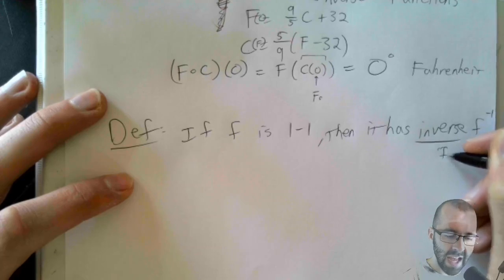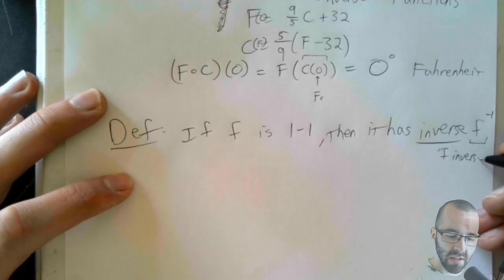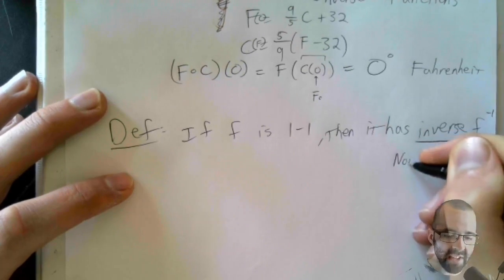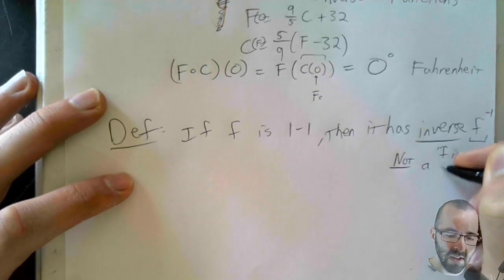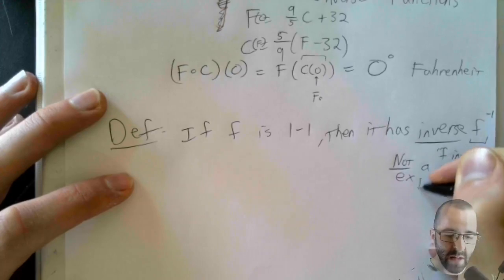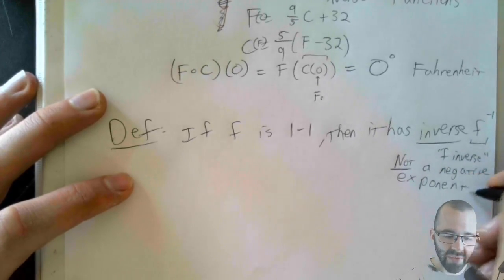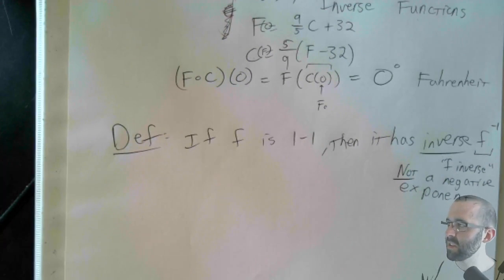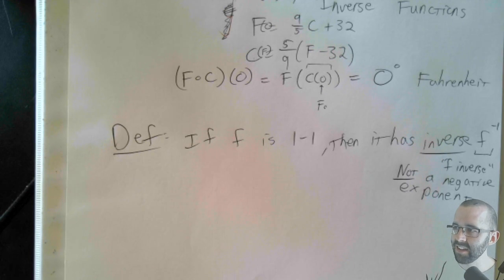This is pronounced f inverse. And by the way, that's not a negative exponent. It looks like a negative exponent, but it's not. It's just the notation that someone decided would be a good idea.